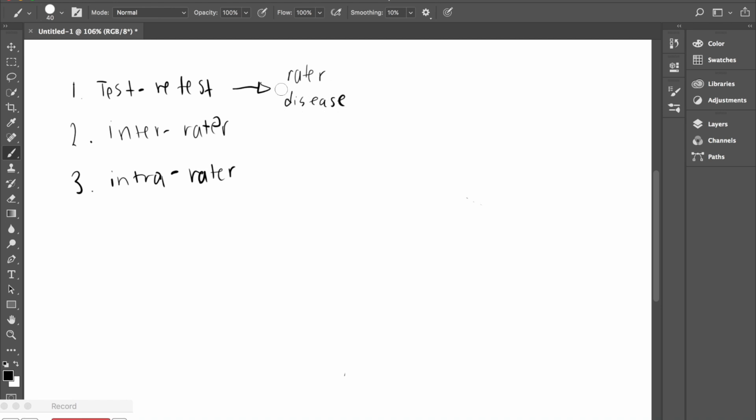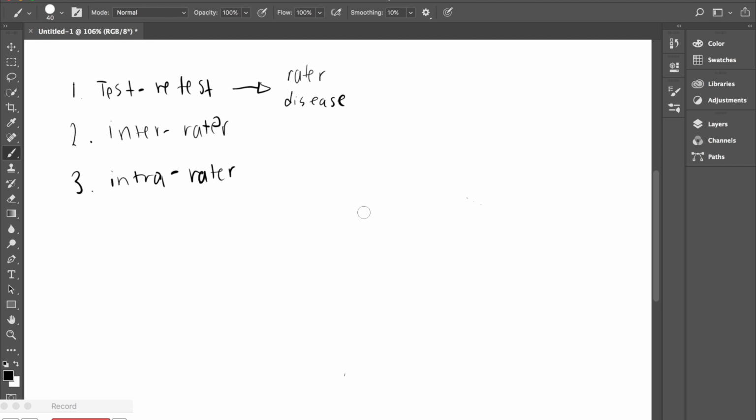So they have to have a similar disease state in order to measure test-retest reliability. So test-retest reliability is assuming that the rater is constant and that the disease is constant, and that the patient is the one that is performing the test. And then we can see that if the test gave similar answers at both times that the patient took the test, then I might have some sort of reliability.